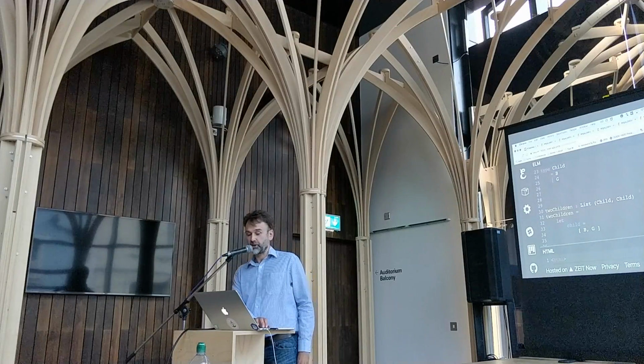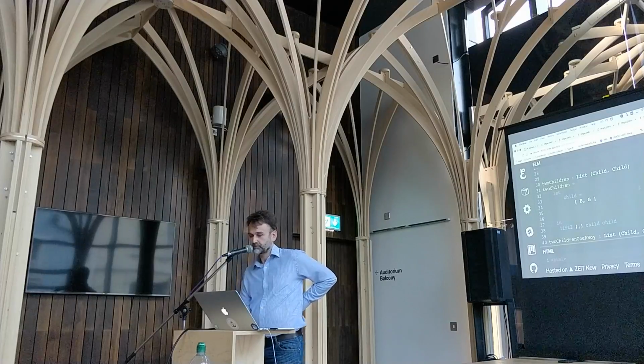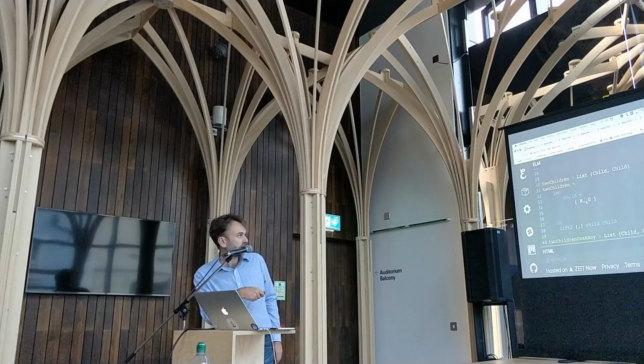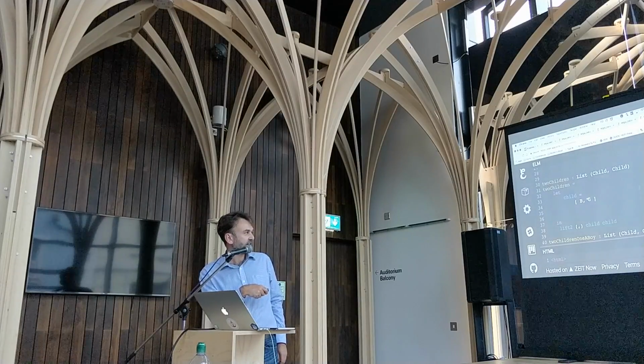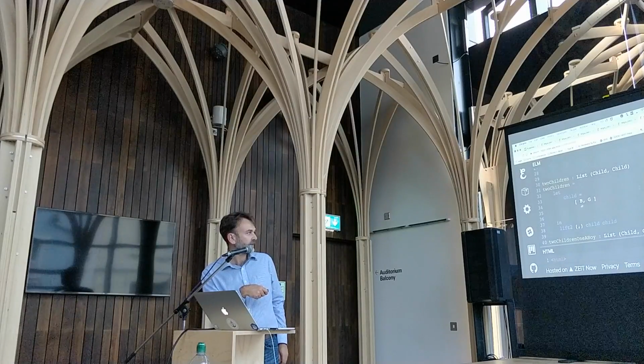So here I'm defining a type of child, and I'm saying a child will be a boy or a girl. So if I've got 2 children, then I have a boy or a girl, and I want to make a new list which is every combination of boy and girl with another boy and girl.